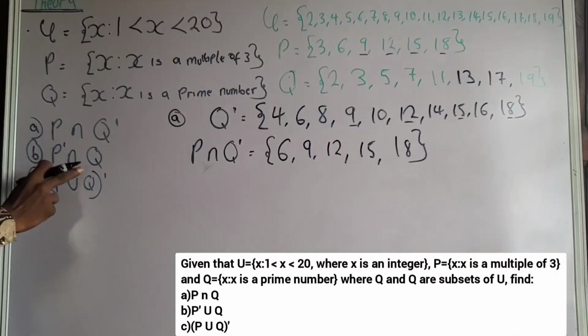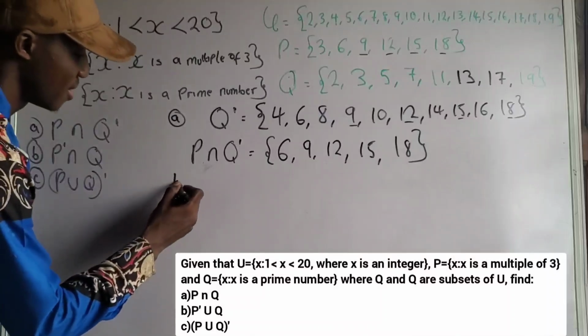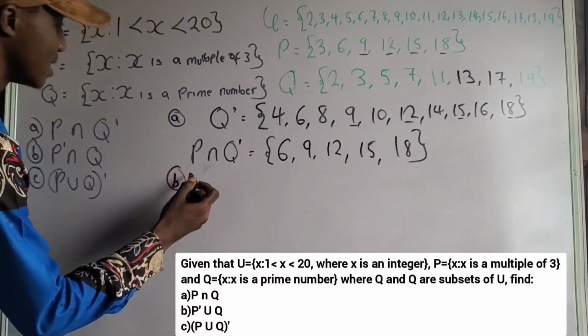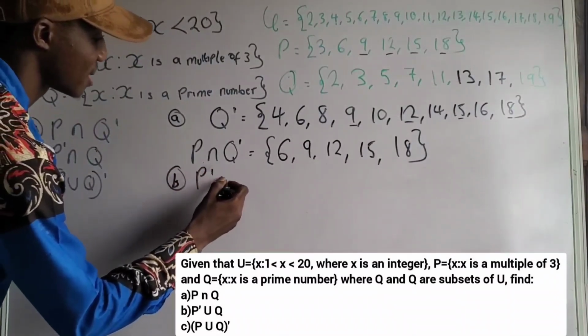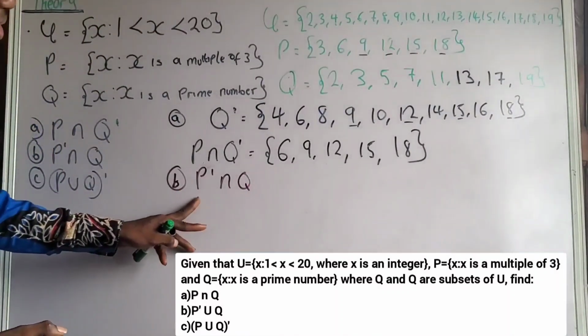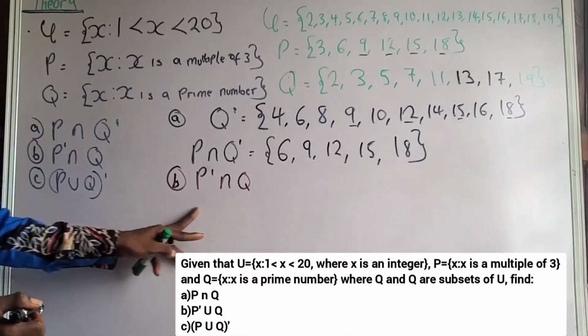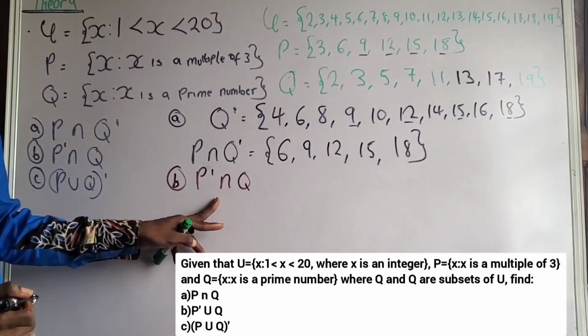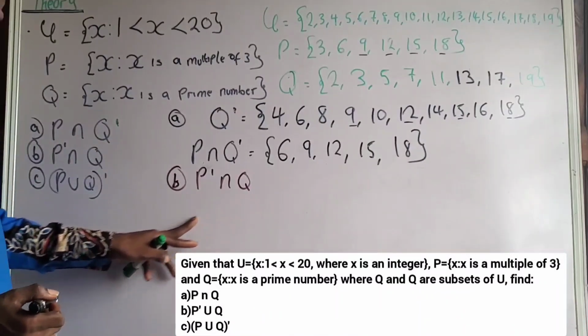P prime intersection Q, or P complement intersection Q. Now, listen to me. We cannot find P complement intersection Q without looking for P complement. So the first step is that you have to look for P complement.